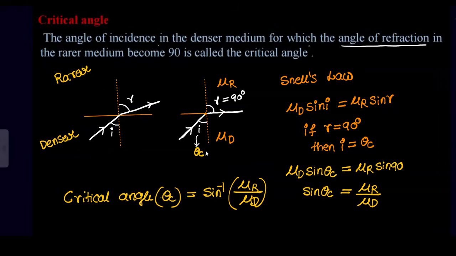The light ray is refracted to the second medium. Yes or no? If the angle of incidence is equal to the critical angle, then the light ray lies only on the surface.